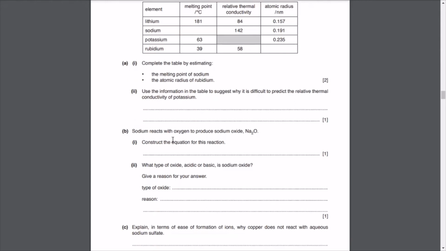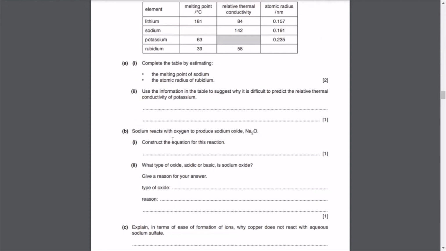Why O2? Because oxygen is always diatomic. After balancing, I got 4 Na and 2 Na2O, because we have to balance them on both sides. If you do not do balancing, you are supposed to get 0 marks, because this is a 1 mark question and it requires a perfect equation.